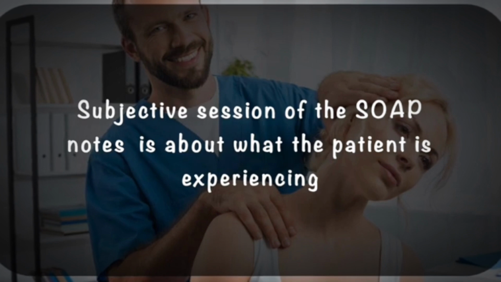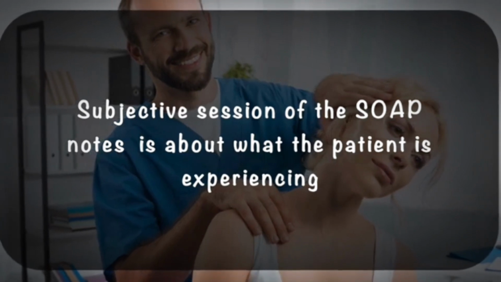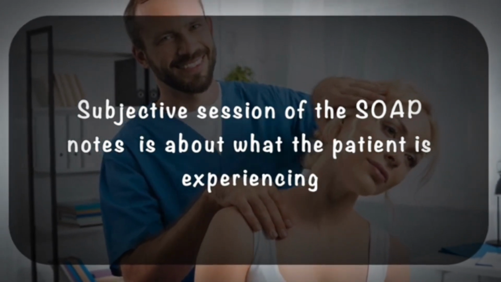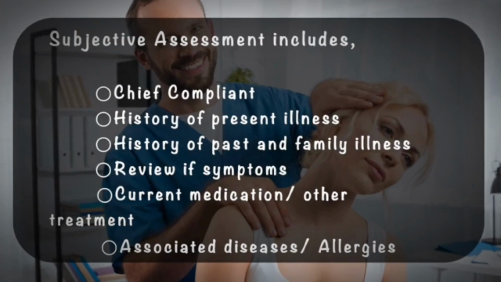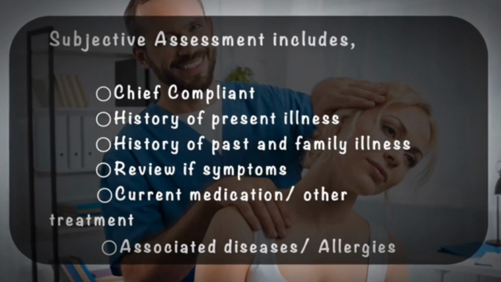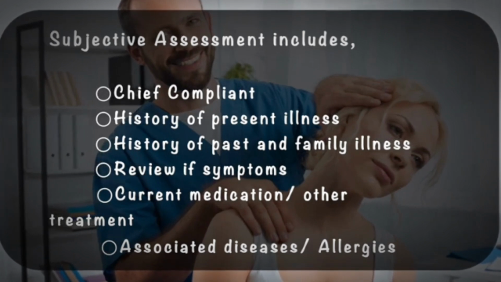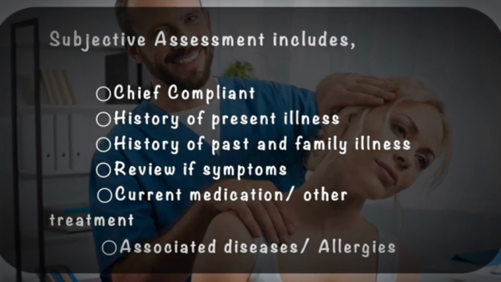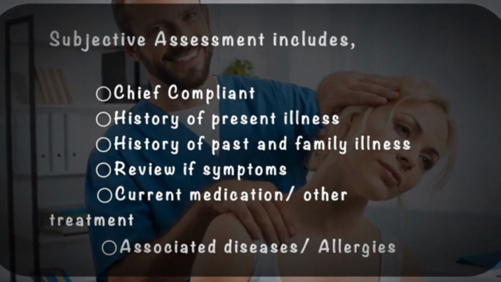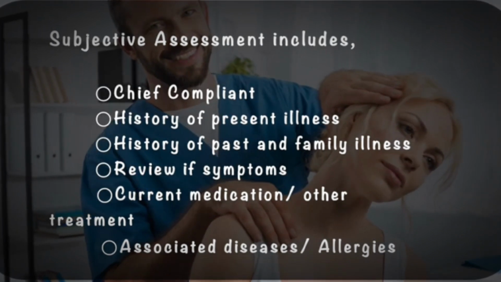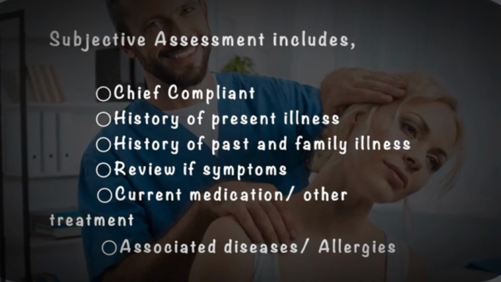Again, we know that the most common assessment method used in physical therapy is SOAP notes, where S is subjective, O is for objective, A stands for assessment, and P is the plan of treatment. The subjective part of the SOAP note is about what the patient is experiencing, what the patient tells you about his or her problems, and feeling of his or her discomfort.